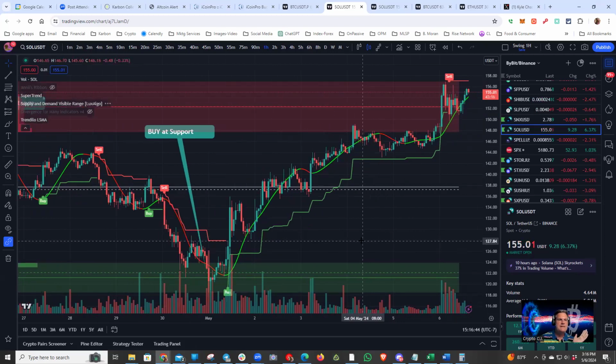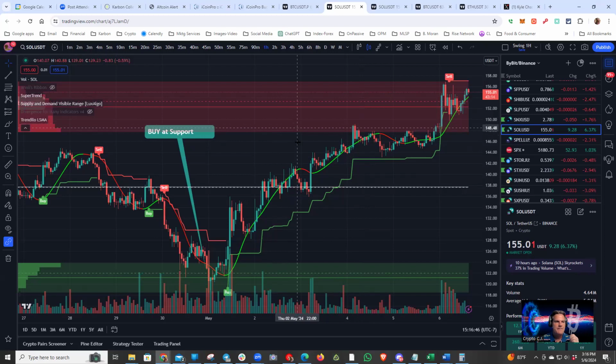So the support and resistance indicator is still the same. I use Supertrend because it's alert friendly. And then my confirmation is this Trendio LSMA, which is a moving average. So like here's this example, the buy signal went off, the LSMA had turned.